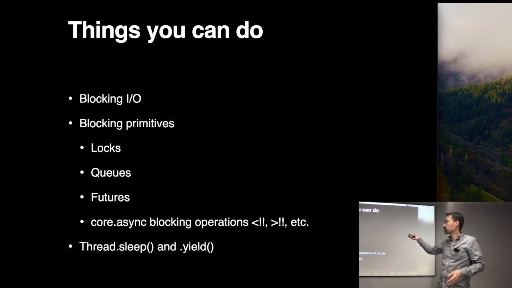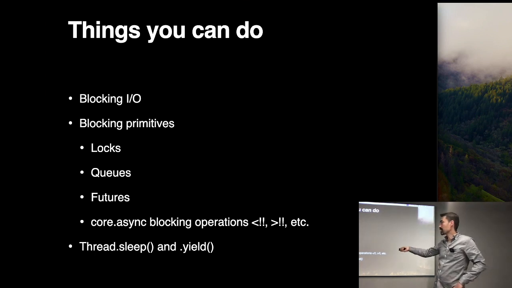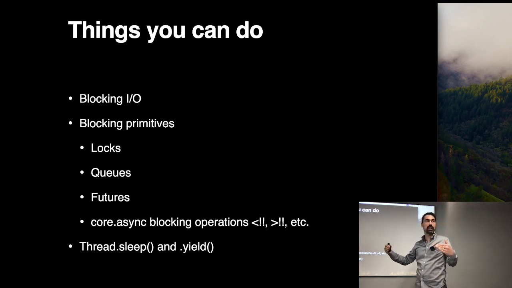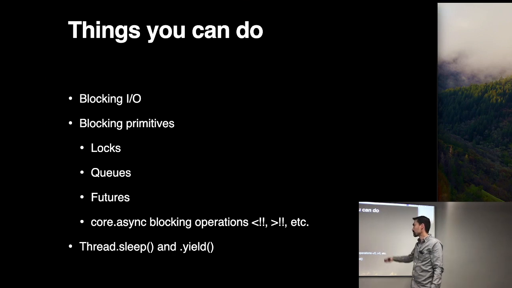All the blocking primitives in java.util.concurrent work, all the locks, queues, futures. And even the blocking operations in core.async work too. You can use core.async channels if you use the double bang versions, and they'll work with virtual threads. And again, you can do a sleep and yield, and those work fine.